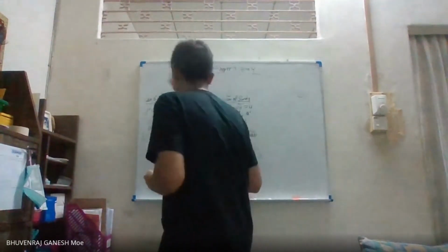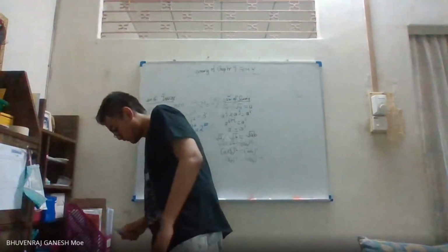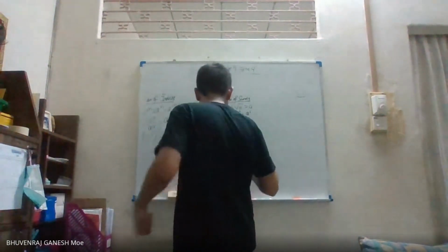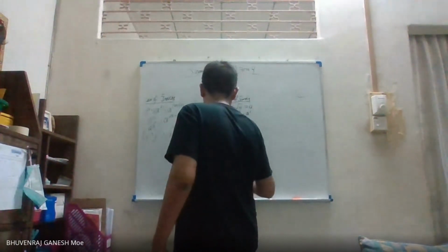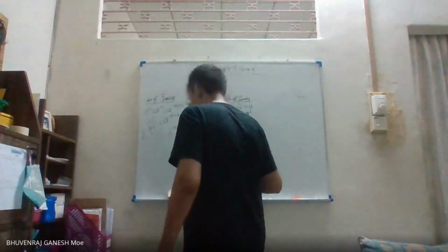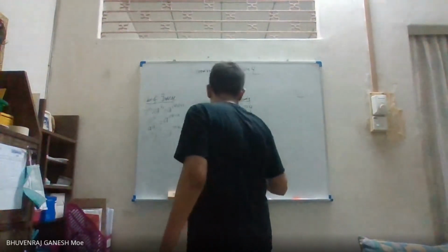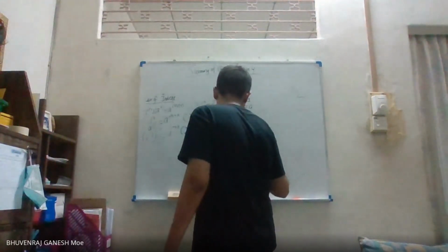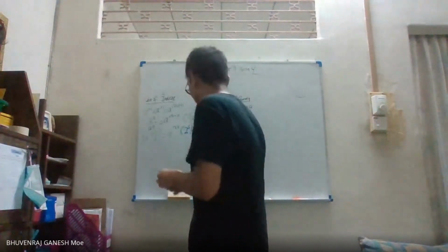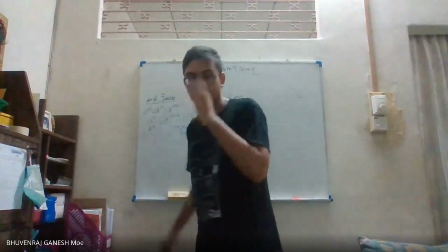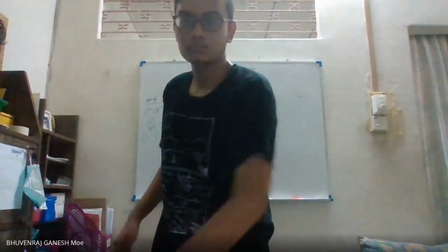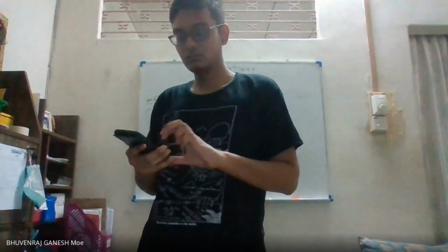That's another law. And second last law, surd A over surd B is surd of A over B. The whole thing surd. So how to know this? We try with random values again. So we try, let's say, surd 3 over surd 9. Because A and B must be two different values.